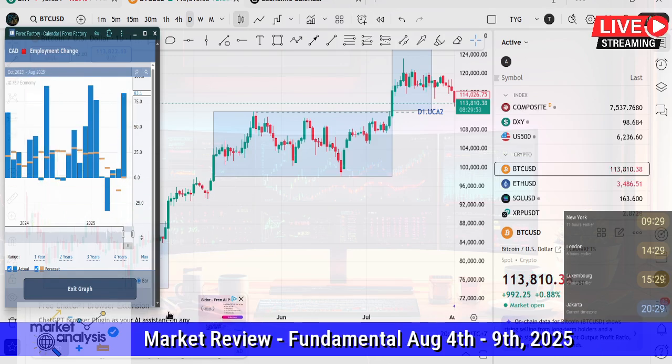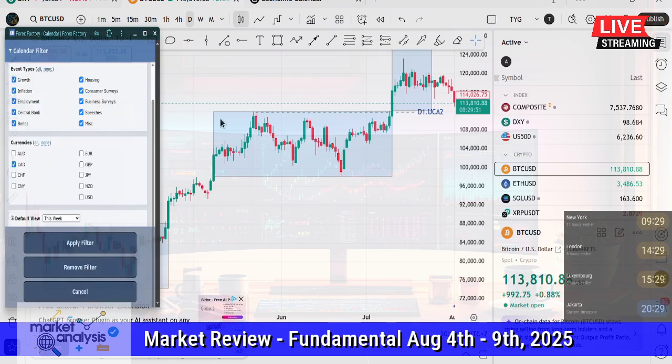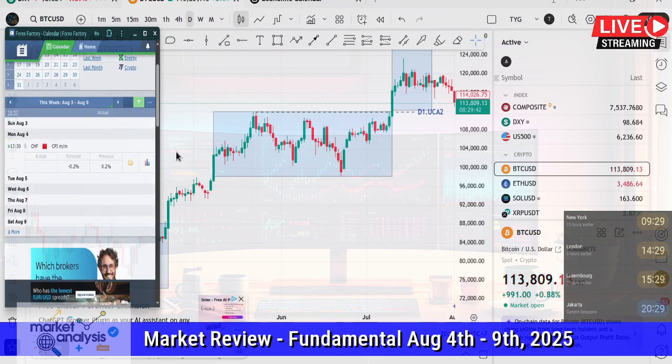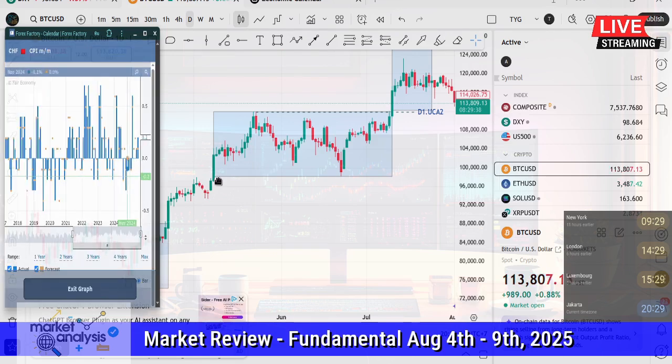We move to Swiss franc. There is news related to CPI on Monday. Since the movement is a bit chaotic, we have to monitor the price action to anticipate the opportunities related to Swiss franc.